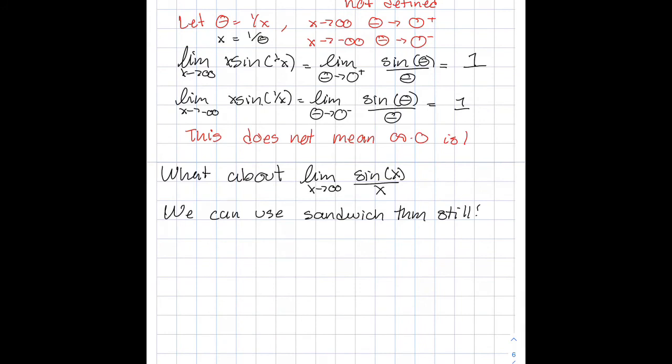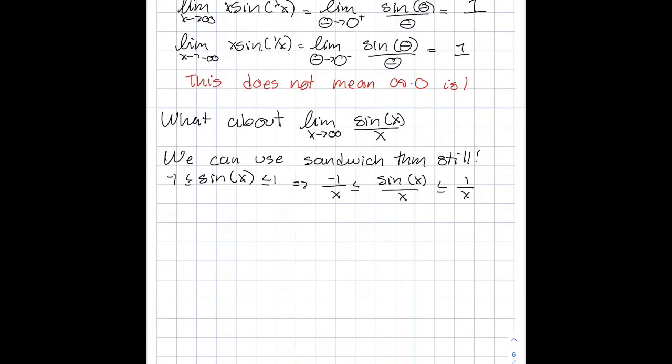I want you guys to see that we know sine of x is going to be between 1 and negative 1, right? So if I just divide everything by x, sine of x over x is bounded between negative 1 over x and 1 over x.